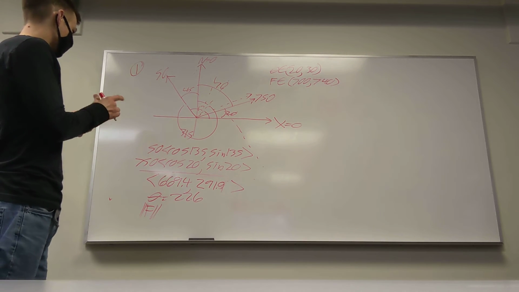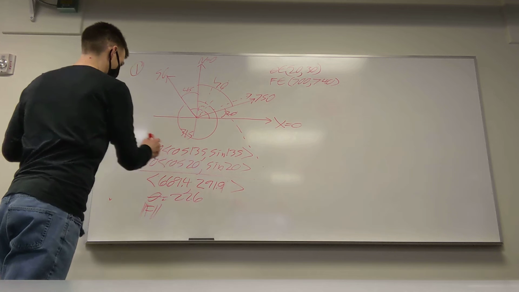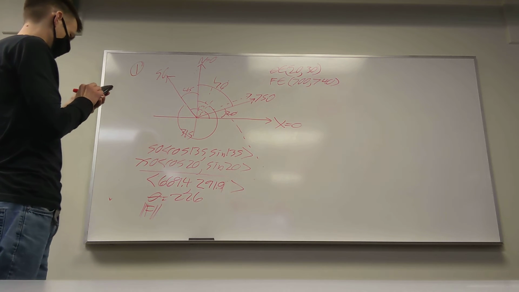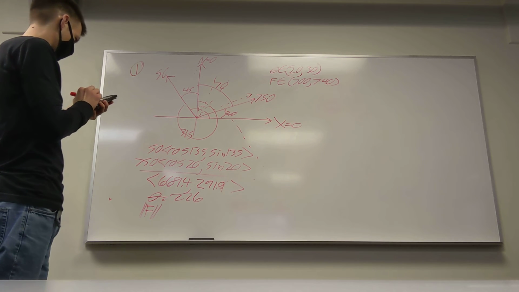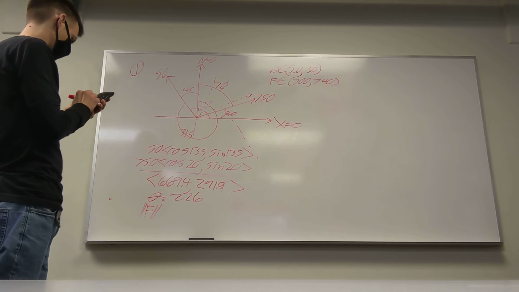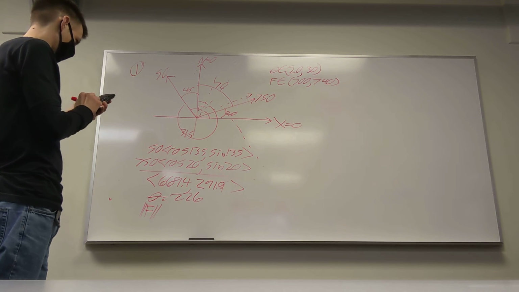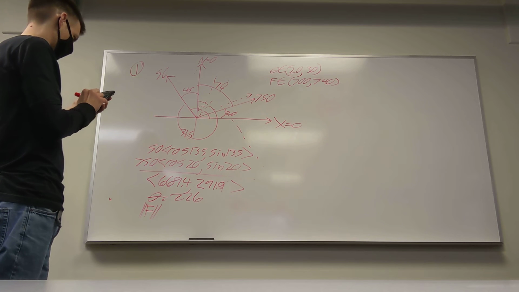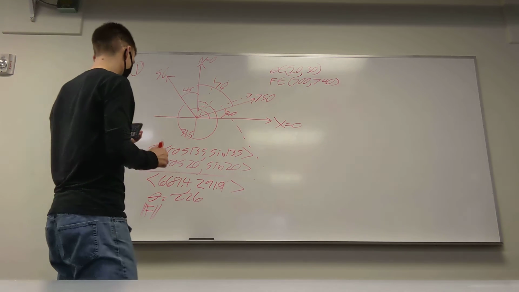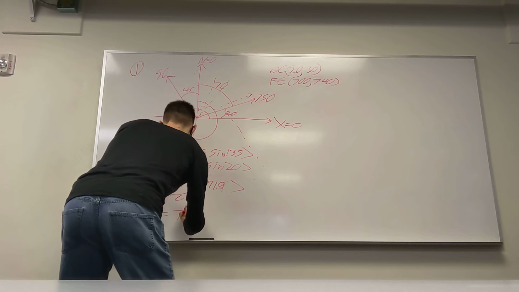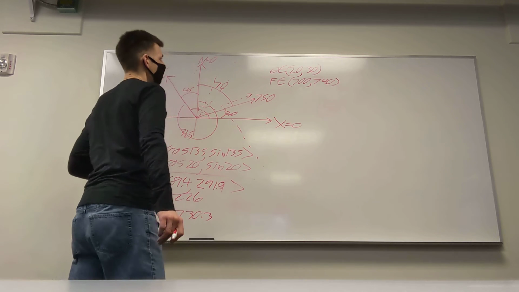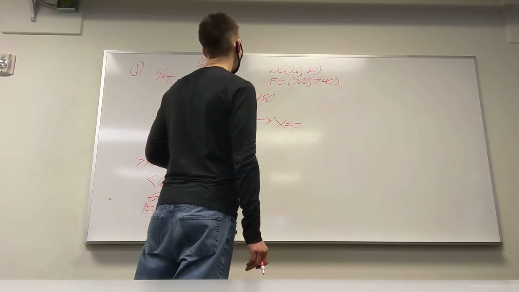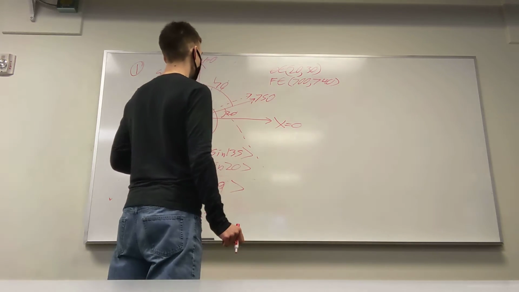And then my magnitude is the square root of the x squared plus y squared, and that's going to be 730.3. Okay, so I said 700 to 740, so it's pretty close, right?